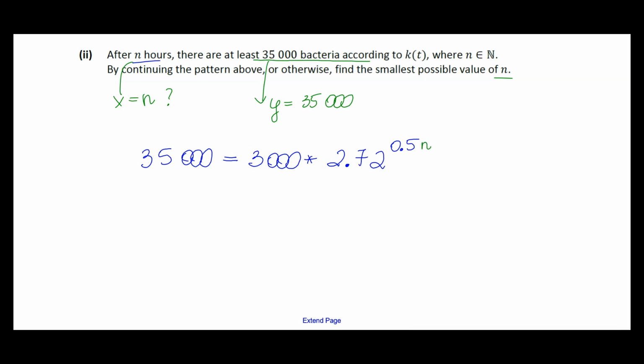So how do we solve that? Where is the letter we are looking for? It's here. And what is that? That is my power. Then what is that? This is a number that is taken to that power. So that means I have the base and I have the power.